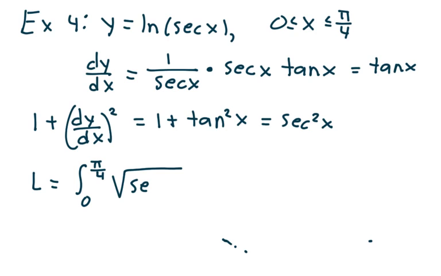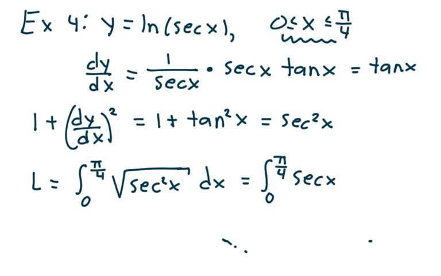So it's the square root of secant squared x dx. But remember that we're on the interval from 0 to pi over 4. So this is the integral from 0 to pi over 4 of secant x. I don't have to worry about secant being negative on the interval from 0 to pi over 4. So I don't need any absolute values, okay?